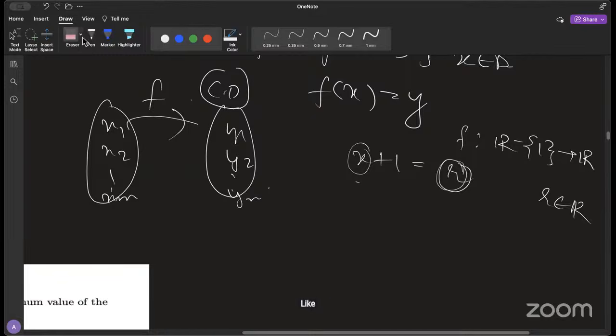Let's take this example. Let's say your function is from the set R minus 1, real numbers except 1, and the codomain is R. You know what this symbol means: R minus 1 means the set of real numbers minus the number 1.